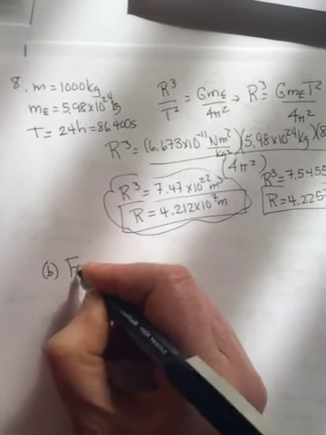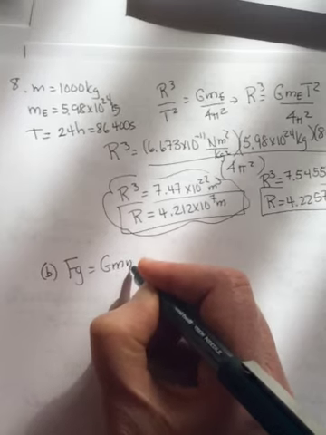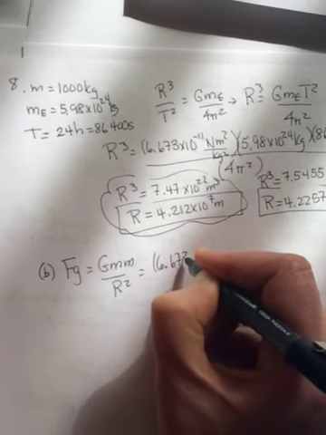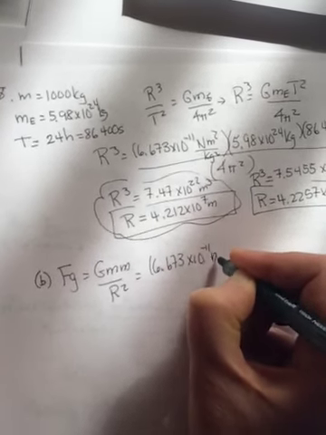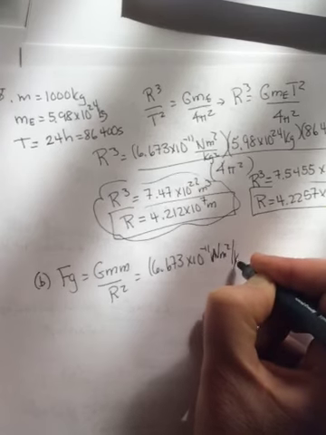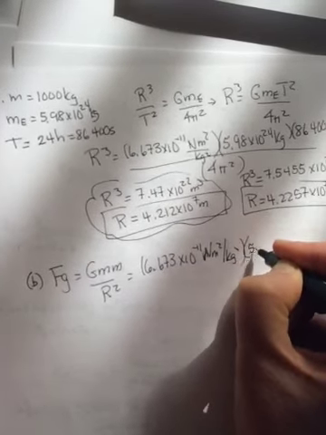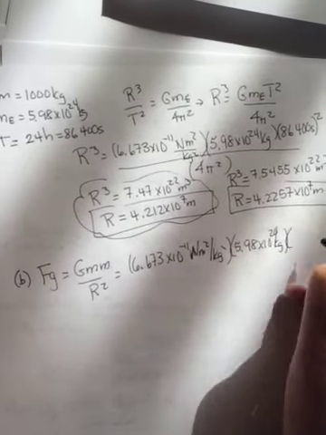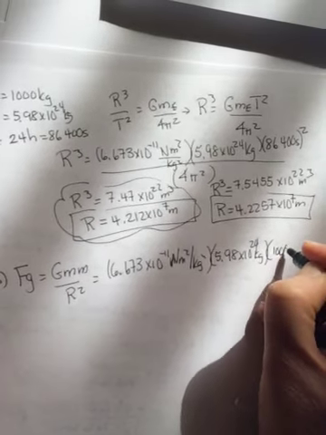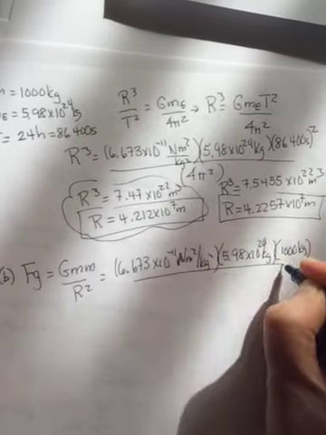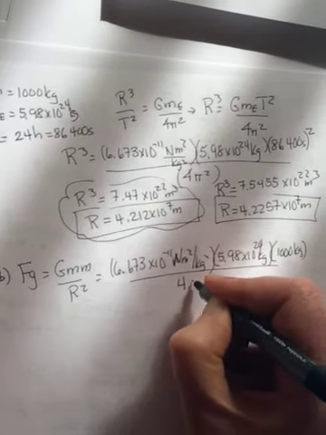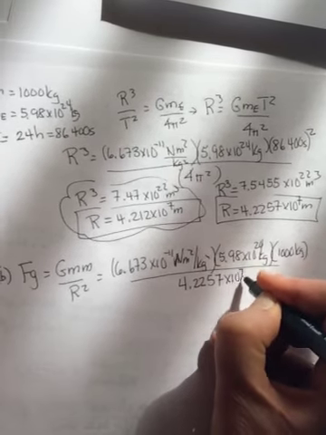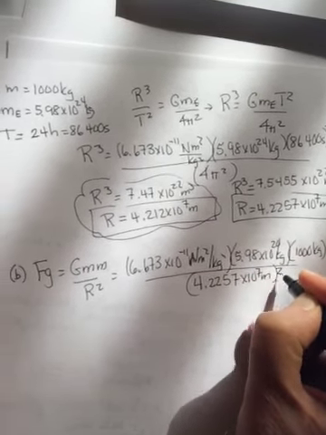What would it weigh in orbit? So F_G is equal to G M m over r squared. So 6.673 times 10 to the negative 11 newton meters squared per kilogram squared, mass of the Earth 5.98 times 10 to the 24th, mass of the satellite 1,000 kilograms, and for r I'll use the one that I should have written down first up there, 4.2257 times 10 to the 7th meters, squared.